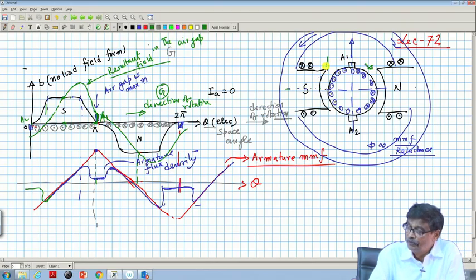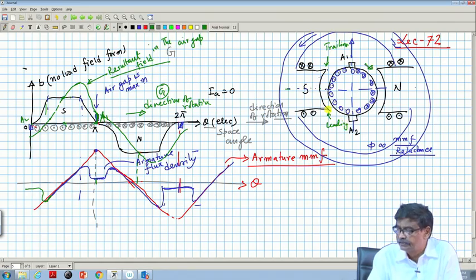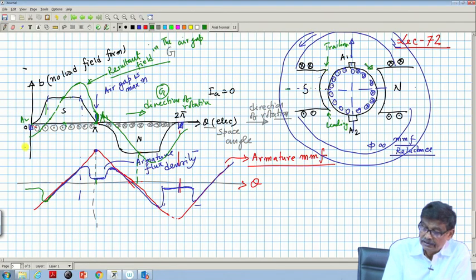This is the trailing pole tip, and this is the leading pole tip. With respect to whom have we defined this? You are sitting on the armature, you will first see here as you are moving, then you are leaving this pole tip, that is why it is called trailing. So, in this case it is moving like this. So, this is the leading pole tip and this is the trailing pole tip.